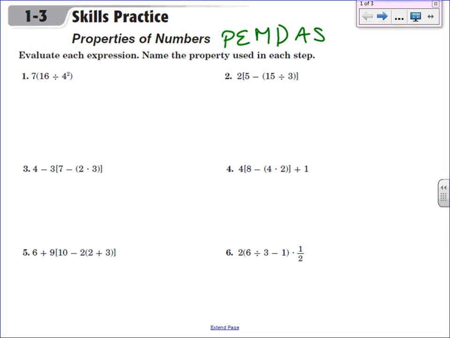So the first thing that we do is parentheses, and then within the parentheses we're going to do the exponent first. So 4 squared is 16. And when we take a number and replace it with what it is equal to, that's called the substitution property. And then from now on, I'm going to write that as subs.